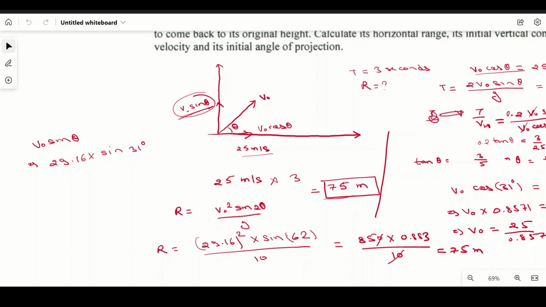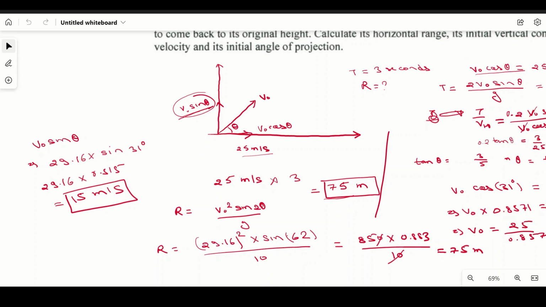Sin 31 is 0.515. So 29.16 into 0.515, if you multiply this, you will get 15.01 or 15 meter per second.